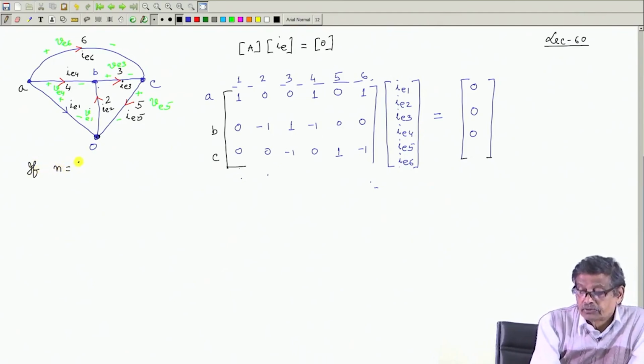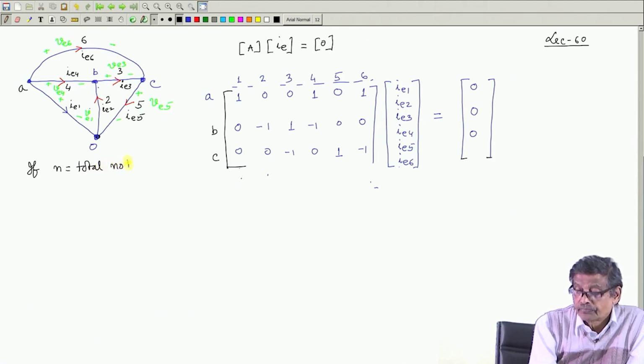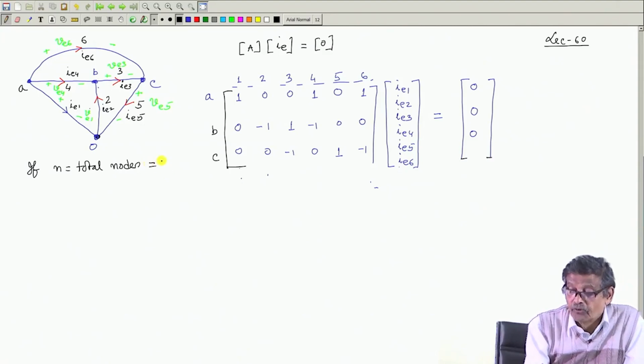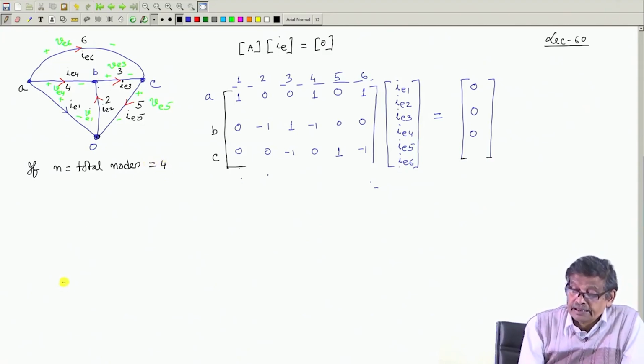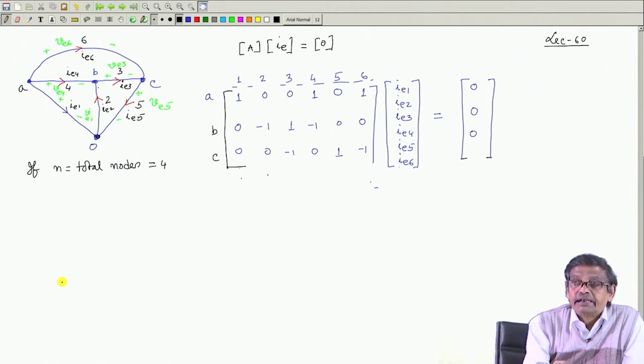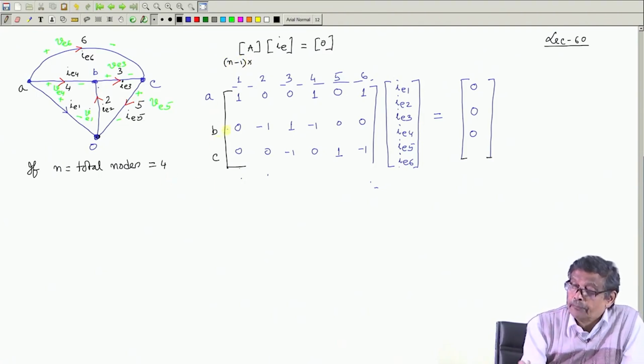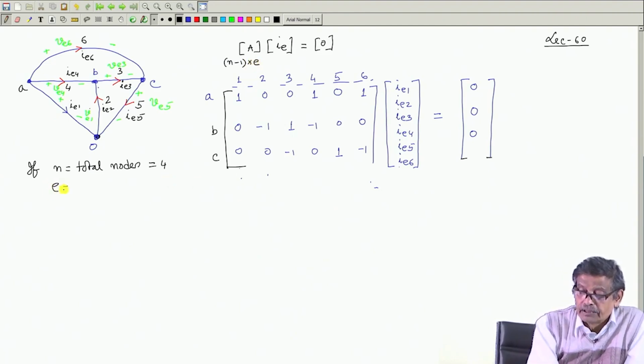If n is equal to the total number of nodes, in this case 4, then KCL equations I will be writing only in 3 nodes, that is 1, 2, 3. So, the number of rows of this matrix in general will be n minus 1, and the number of columns will be E, where E is the number of edges.